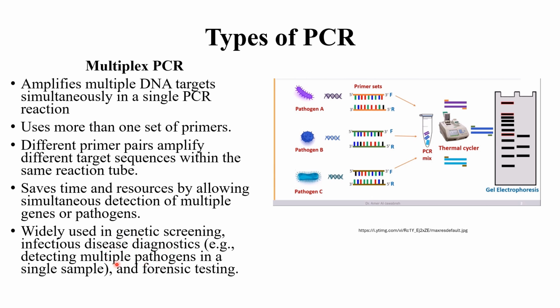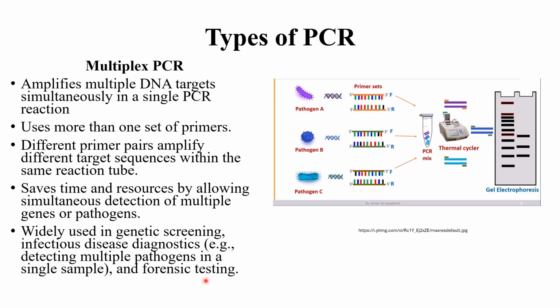For example, we want to check multiple pathogens in a sample, or in forensic testing. Let me give a bad example. Maybe it's a rape and you've collected some specimen from the victim, some semen, and you're not so sure who the offender is, but you have several suspects. You can check if this semen belongs to several people, and you can amplify using primers from different people.